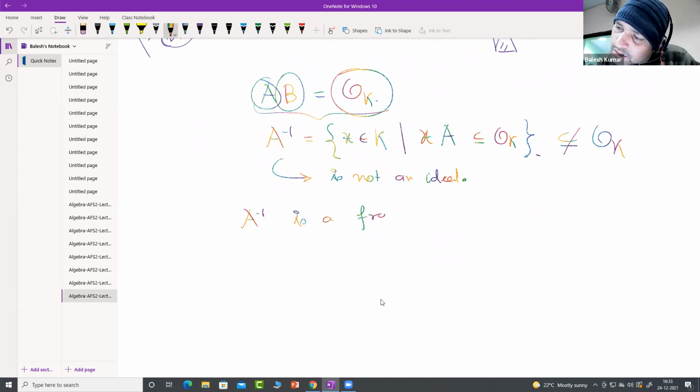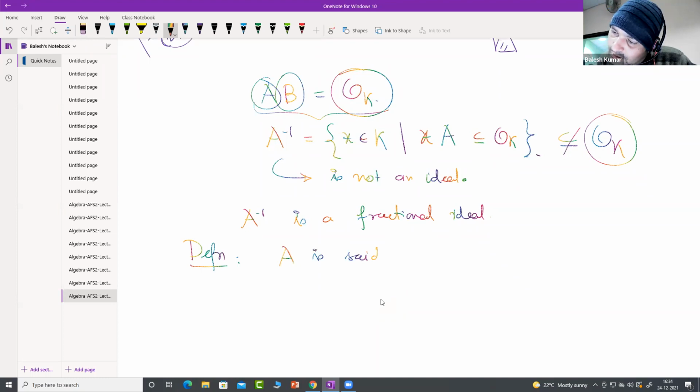So there are certain fractions in this representation. If you clear that denominator to make that thing lie inside OK, that is by the very definition of fractional ideal.